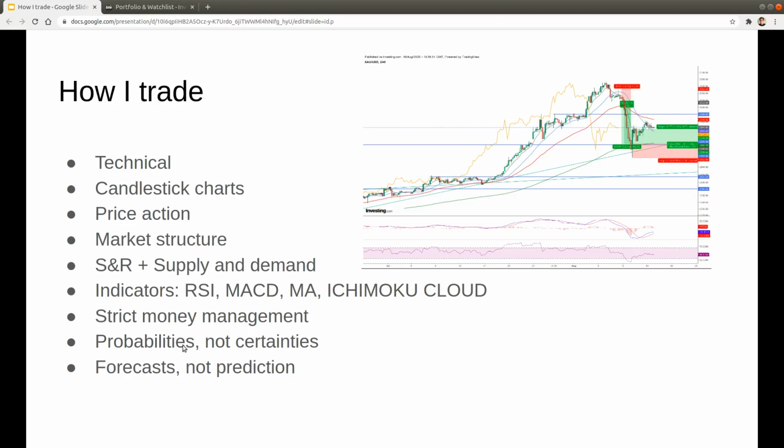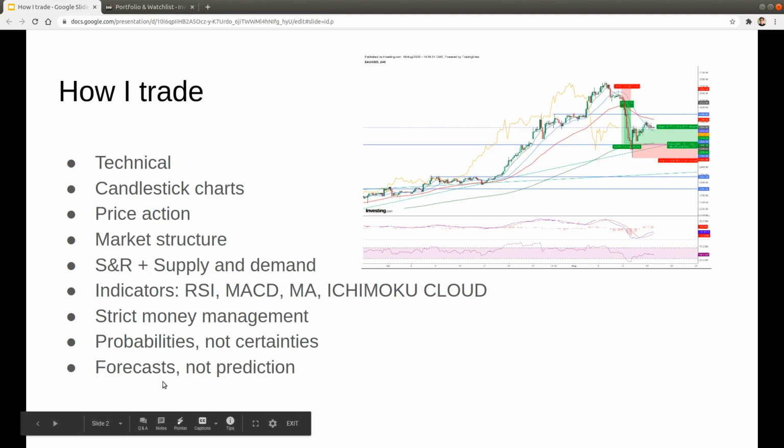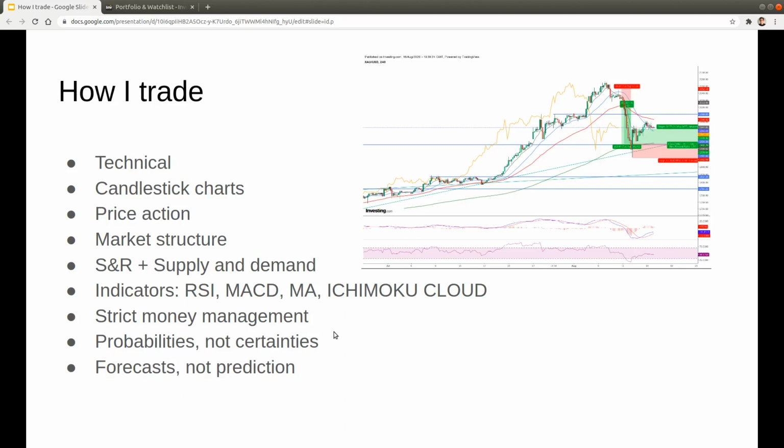So I'm always talking in if-else statements. If this happens, then it's a higher probability we will go higher, so I will buy. If this happens, then it's a higher probability we will go lower. So this is a very important part of my way of trading, the forecast and thinking in probabilities. So this is how I trade.